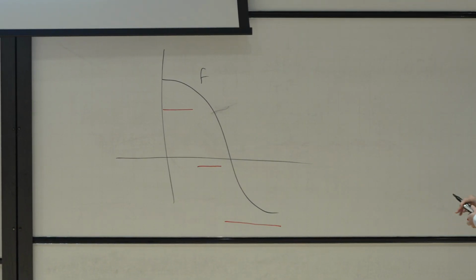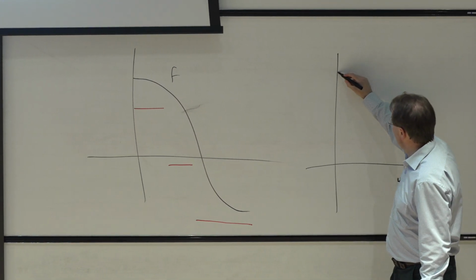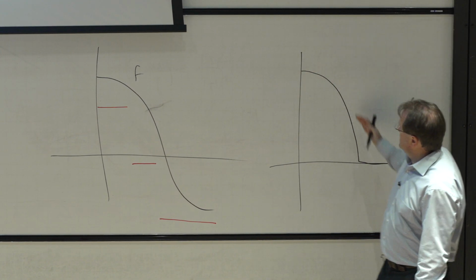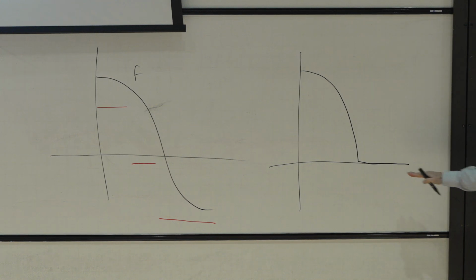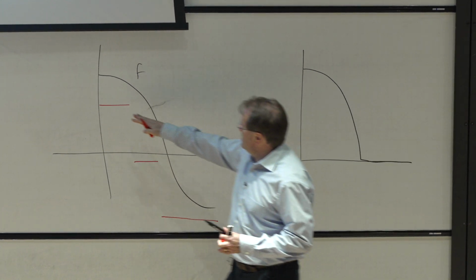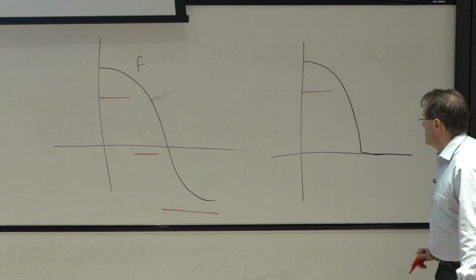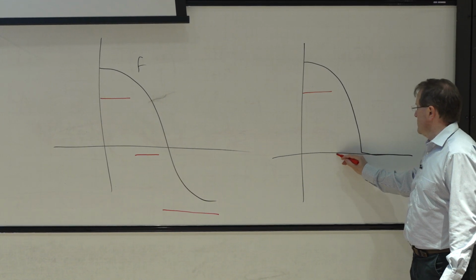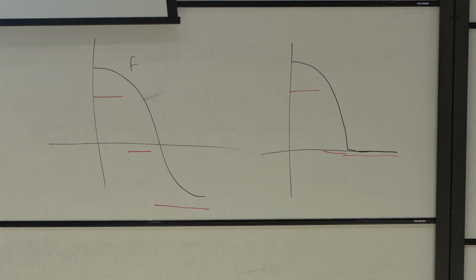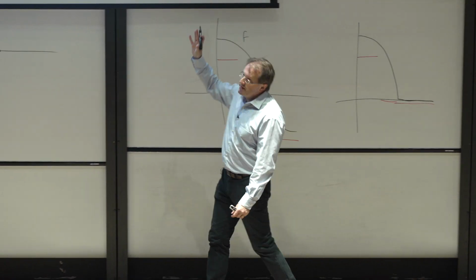And then when I take the maximum of f and 0, I get this function. f is unchanged when it has positive values, and it just hits 0 here. And what do I do to the minorant here? Well, when it has positive values, these are unchanged. But when it has negative values, they become 0. Okay, but it's clear that that's still a minorant now for the max of f and 0. Similarly for majorants.